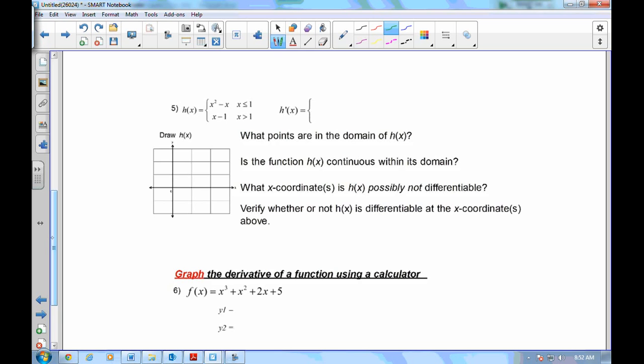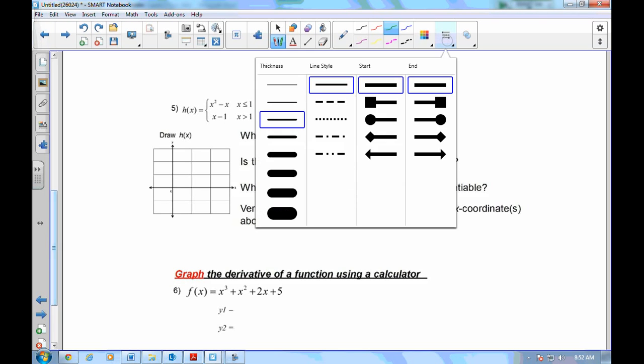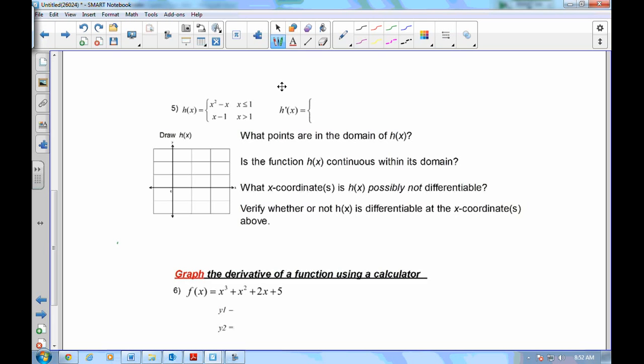Okay. Draw this, and what are the points of the domain? Let's see. For x less than or equal to 1, if we put in 1, we get 1 squared minus 1, which is just 0. And it's equal to, so we have a filled-in point at, we plug in 1 and we get 0. What happens when we plug in 0?